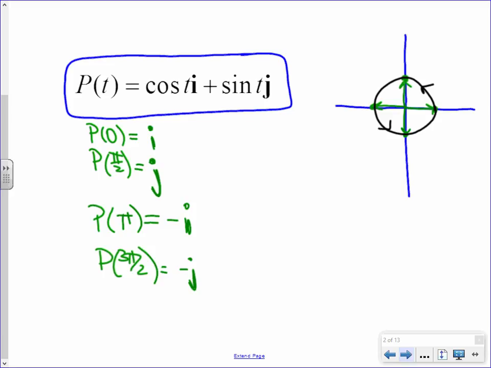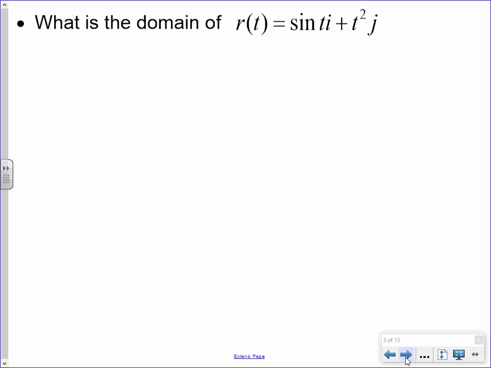Let's talk about the domain of a vector valued function. Sine of t i plus t to the 1/2 j is our function. What is the domain for sine of t?